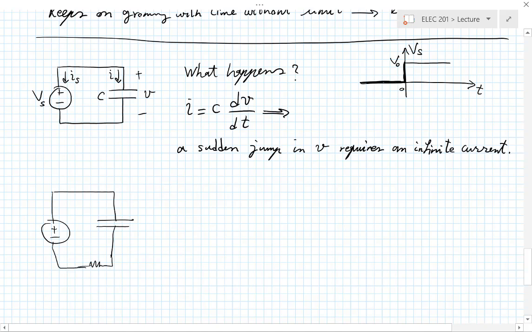How about that? Right? Now that sudden change in the voltage can be taken up by this resistor. In the same way that the sudden change in the current was taken up by the resistor in the previous circuit. So you start seeing patterns of behavior and, in fact, a duality between the way inductors and capacitors work.